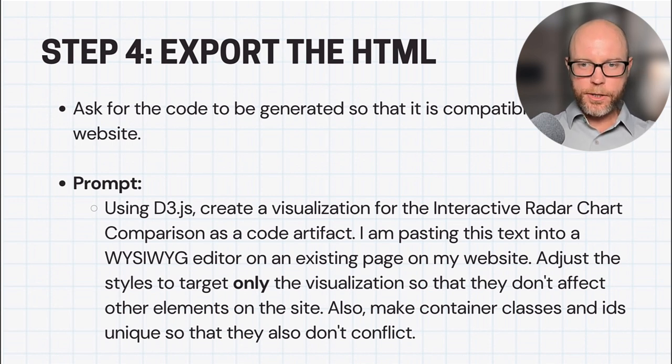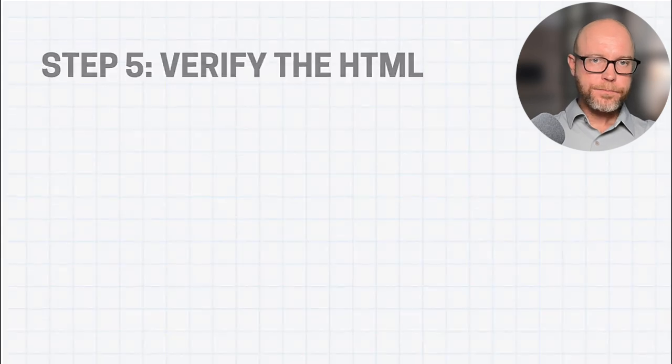So I'm just telling it here that I don't want it to be overly broad so that it doesn't affect the outside code, which can happen. And so with that, it's going to then generate some HTML.